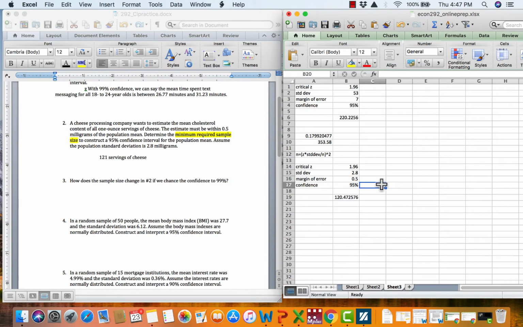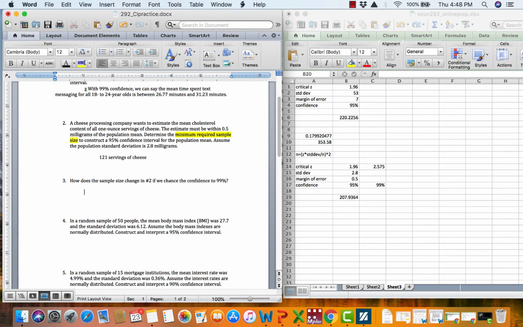So if we change the confidence to 99%, that changes our critical Z to 2.575. So instead of 1.96, we've got 2.575, which changes the servings of cheese to 208 servings of cheese.